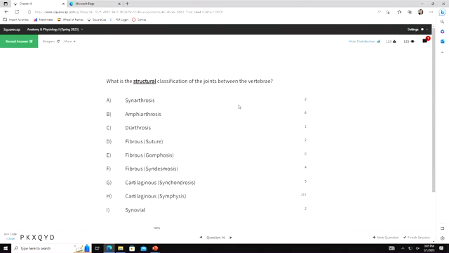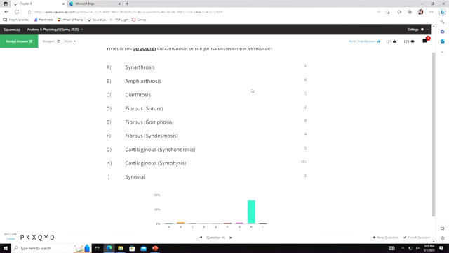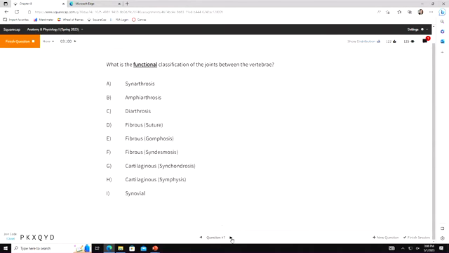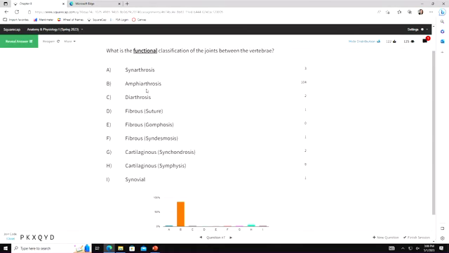Now, if instead of asking you about the intervertebral joints, if maybe instead I'd asked about the epiphyseal plate, that would be my other kind of cartilaginous joint, the synchondrosis, because again, it has hyaline cartilage instead of fibrocartilage. So there's my structural classification. And when we're talking about our intervertebral joints, we want a little bit of wiggle room. These are amphiarthroses.